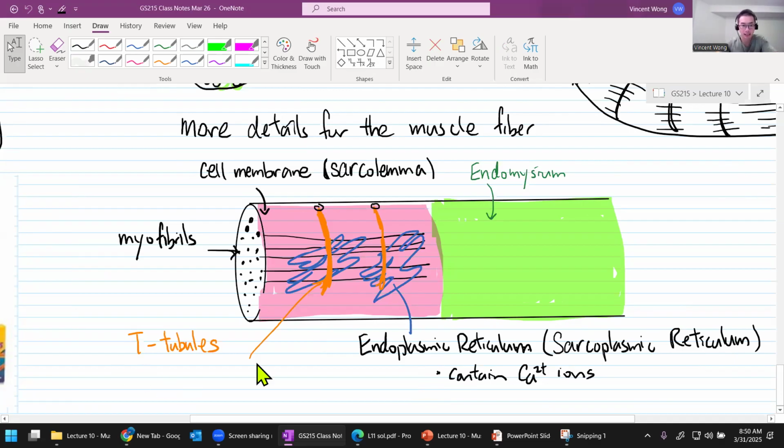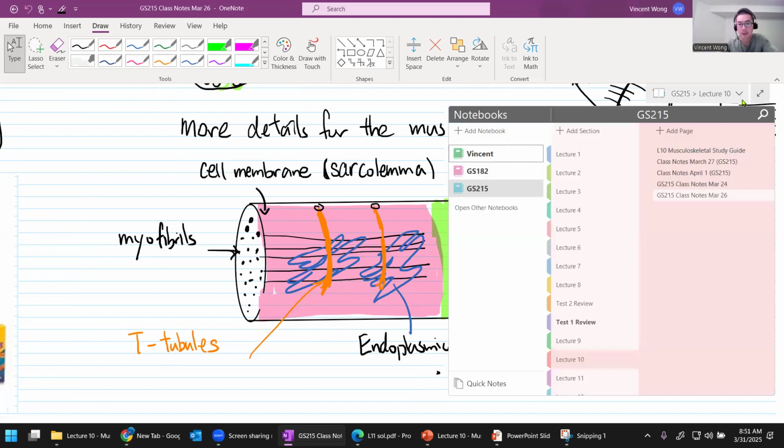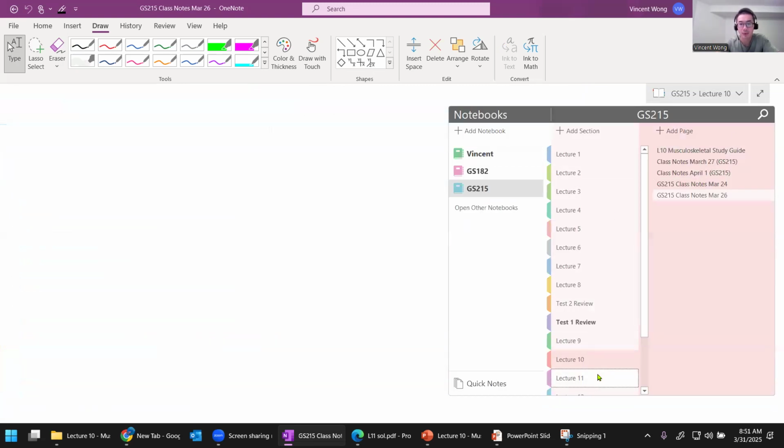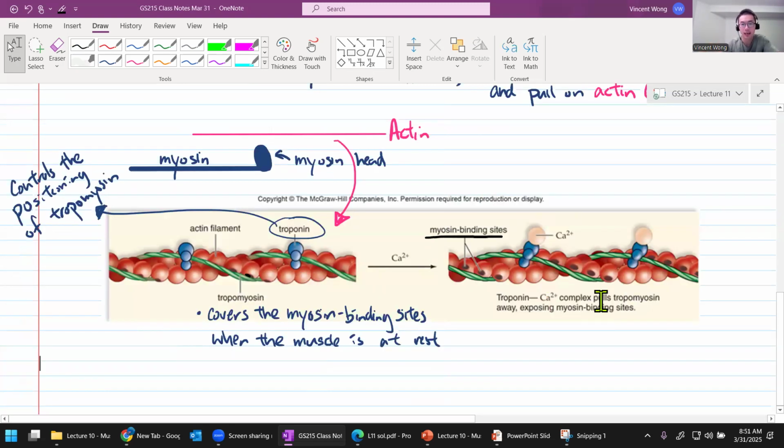And then there are these T tubules that will be carrying down the action potential to trigger the release of the calcium. But the point I'm trying to make here is once the calcium is released, the calcium binds to the troponin.